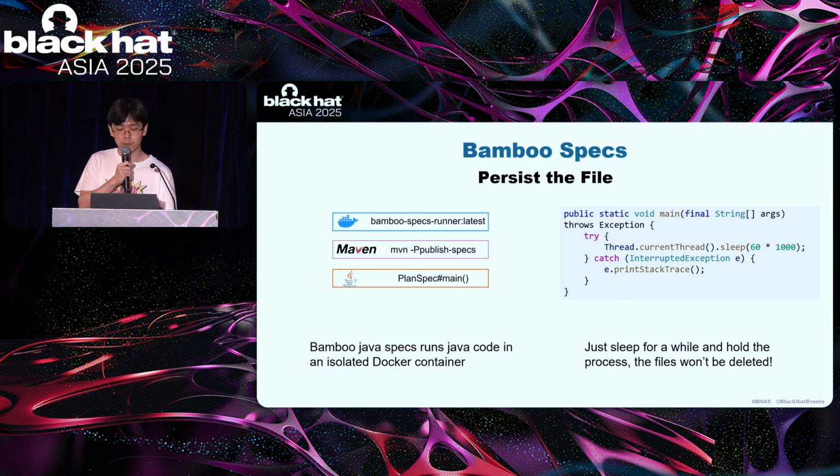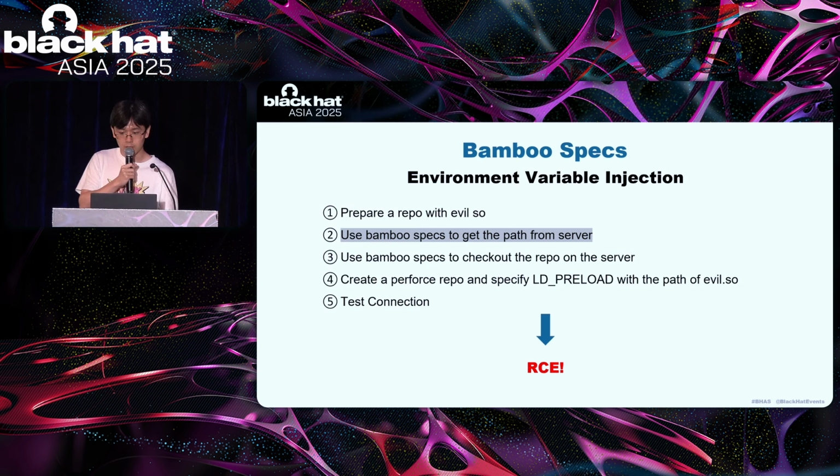So we can just sleep for a while, and we drag this Specs scan process out for about 60 seconds, and the files won't be deleted during this stage. So if we add the step of obtaining the absolute path on top of the original logic, and we continue the steps we just mentioned, we have an RCE technique.